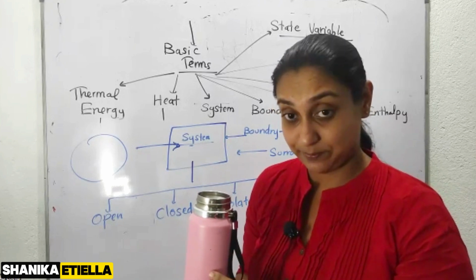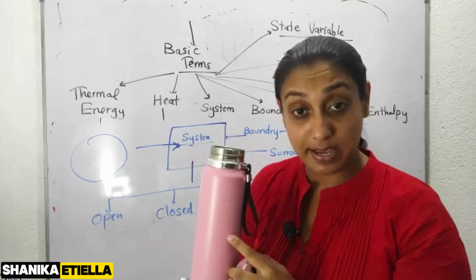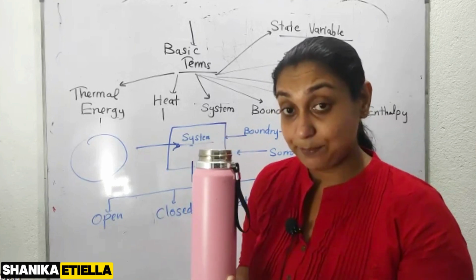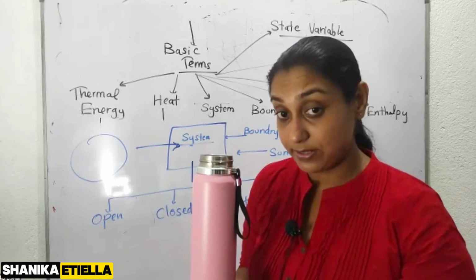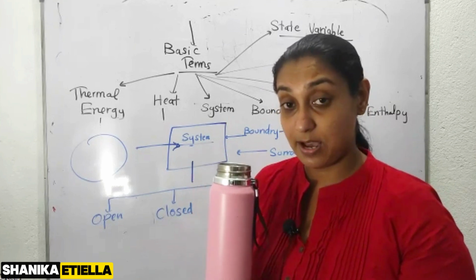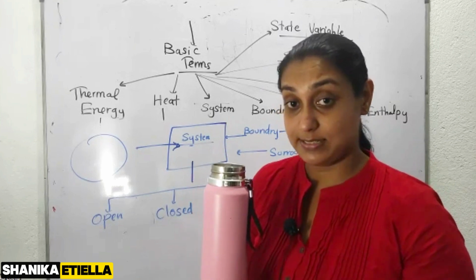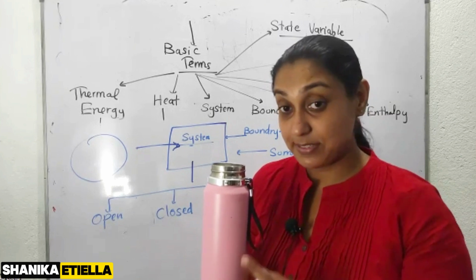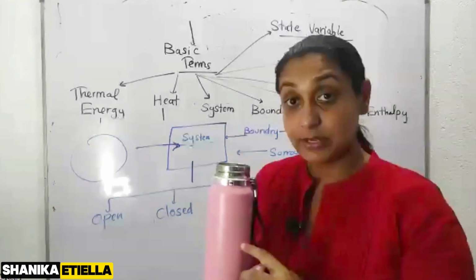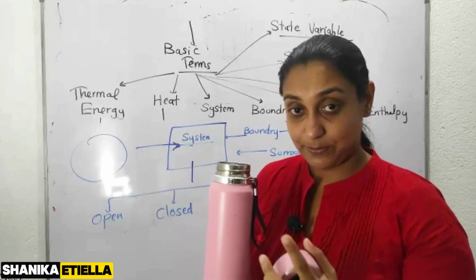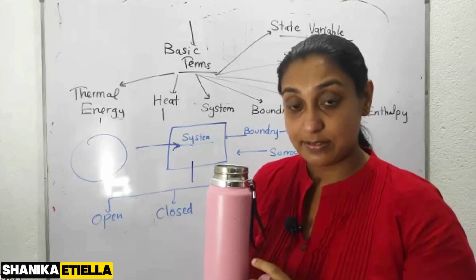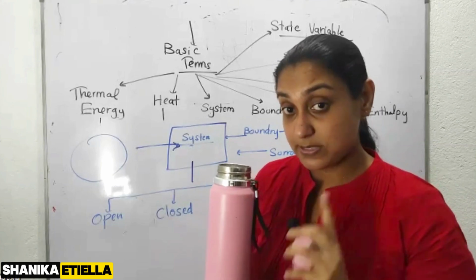with the surrounding. If the system can exchange both matter and energy with the surrounding, that system is called an open system.